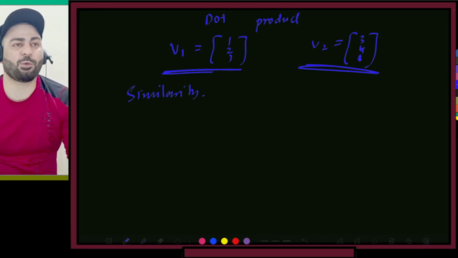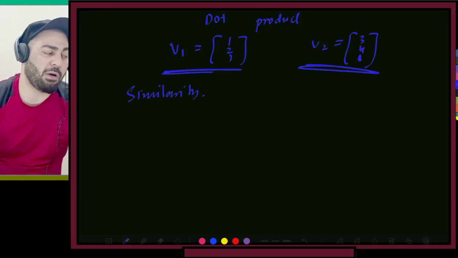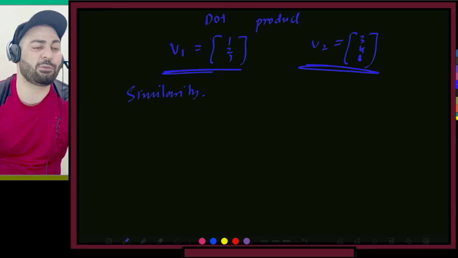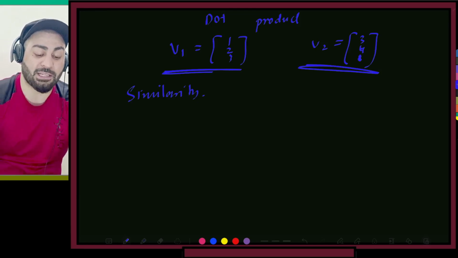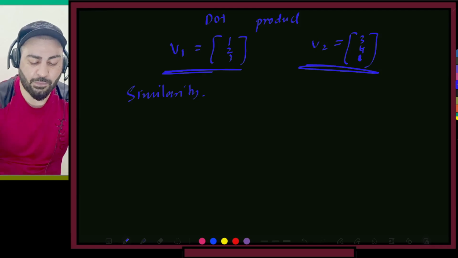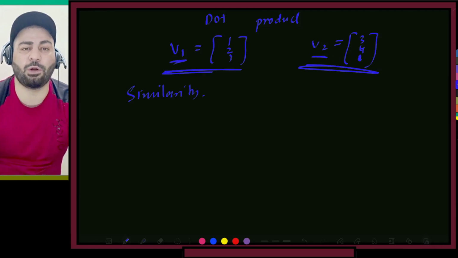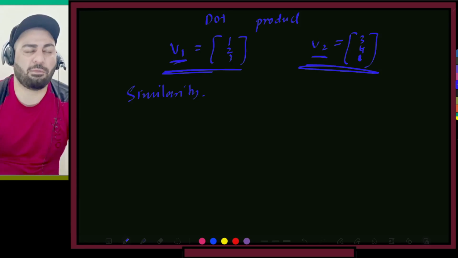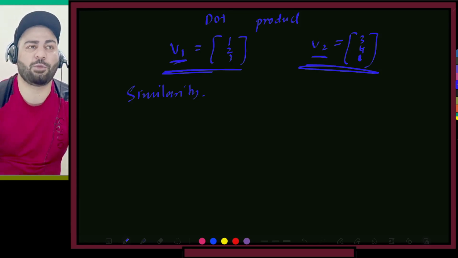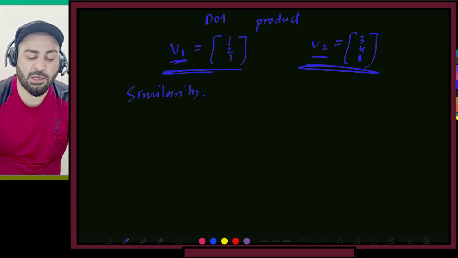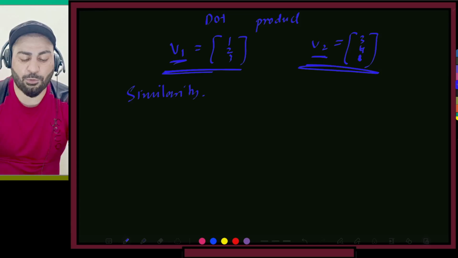The question asked was, did we see these things in nature and then define the operations? So I'm justifying the answer. I'm saying we had two vectors v1 and v2, and we have to see the similarity of these two vectors. Okay, so what we can do is perform the dot product. How I define dot product is like this.